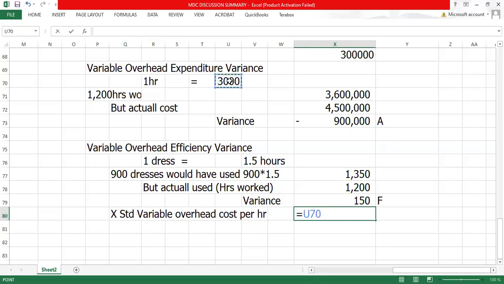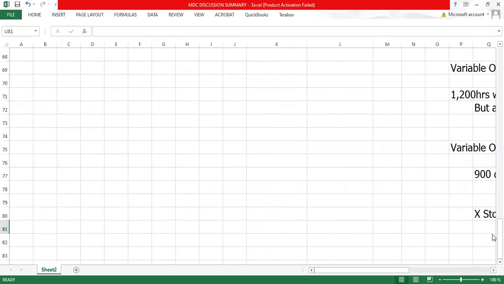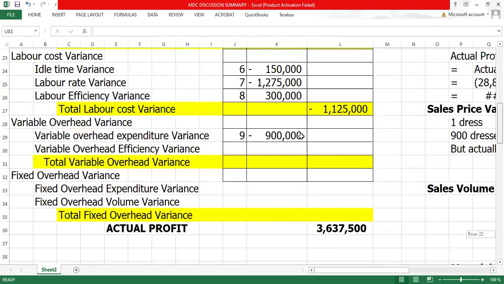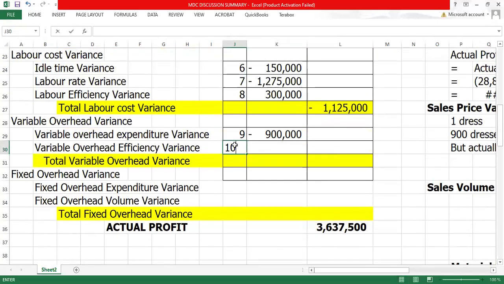Per hour you are paying 3,000 as variable overhead. So multiply 150 times 3,000. You get this, so that you report here. This is working number 10: 450,000. So that's all you add, negative this plus this. That's what you get.